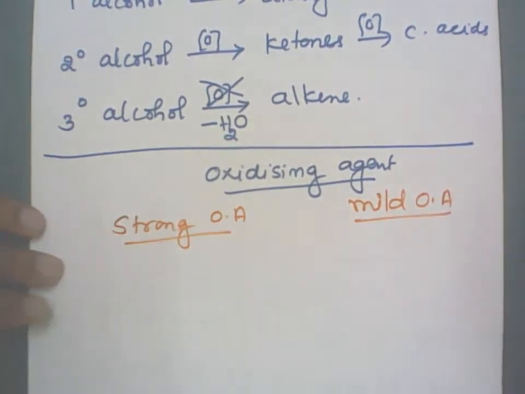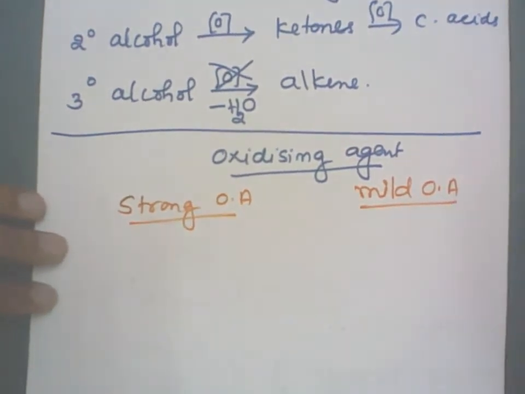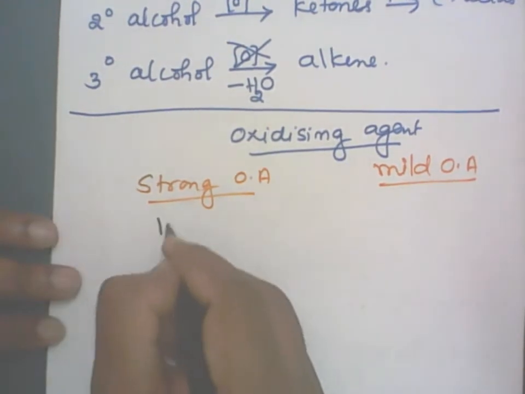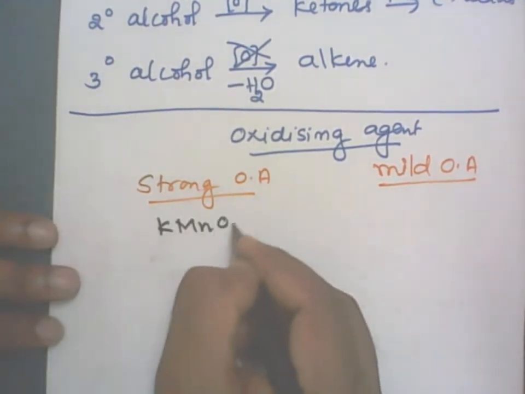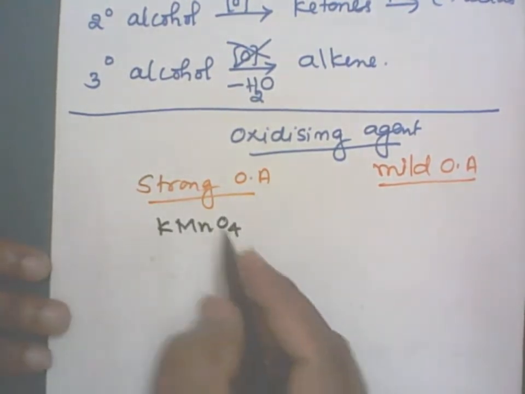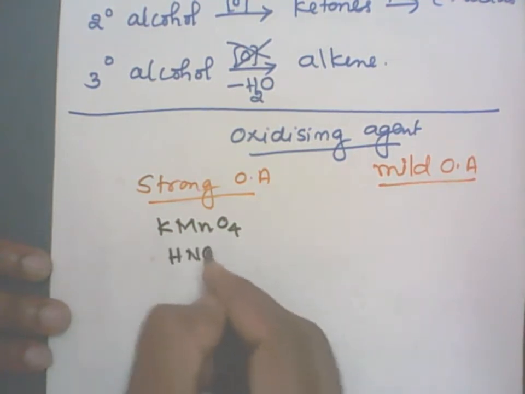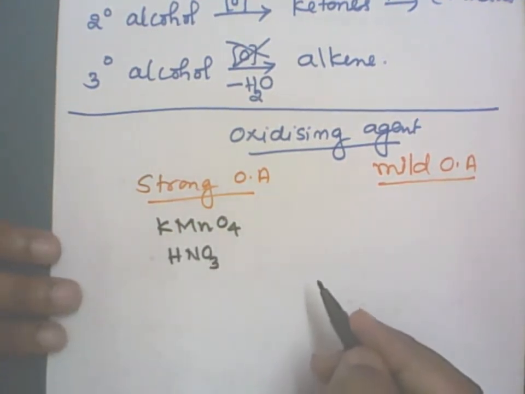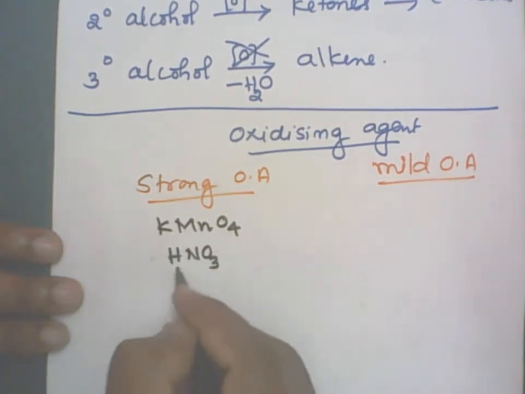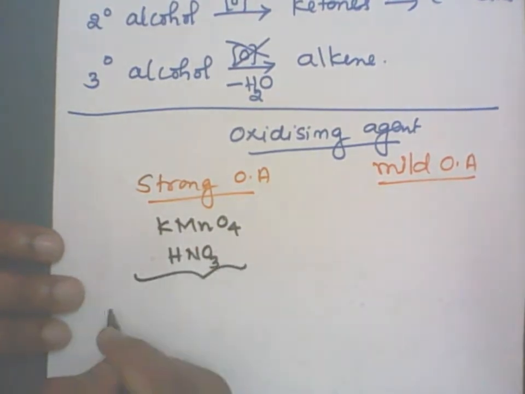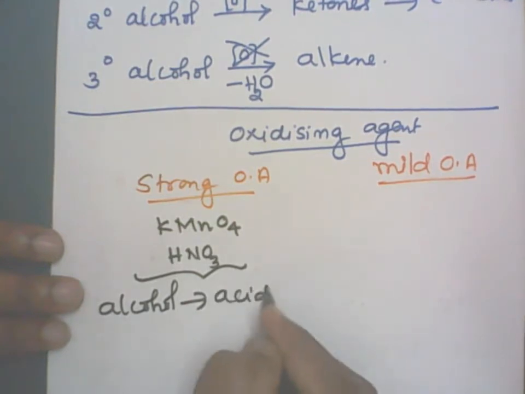Now what are the examples we have got? Potassium permanganate is a strong oxidizing agent. Similarly, concentrated nitric acid is a strong oxidizing agent. And these will convert alcohols finally into carboxylic acids.